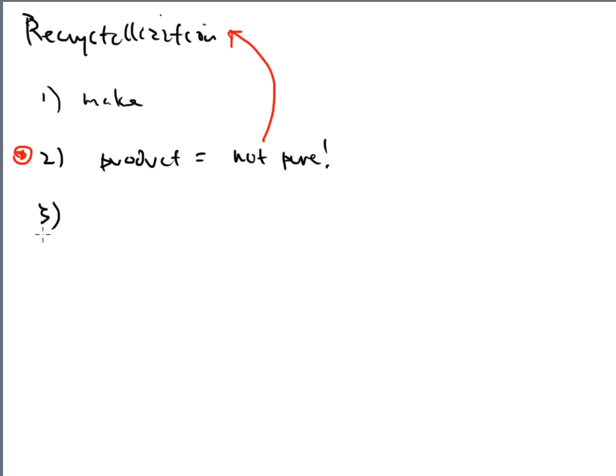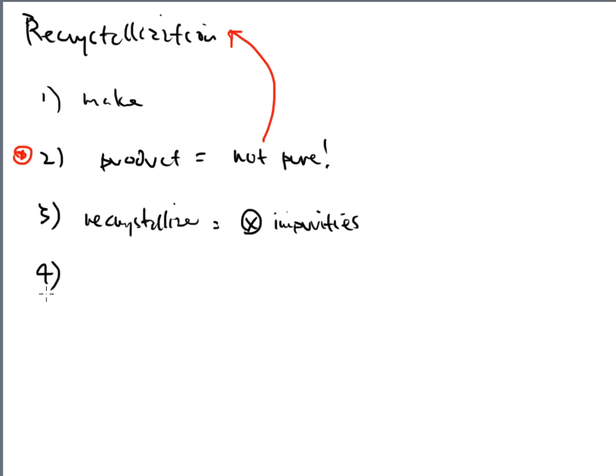So what normally happens is that after I make this product, this impure product, I then will recrystallize. And when I recrystallize, this gets rid of all of the impurities that might be left behind in my product.